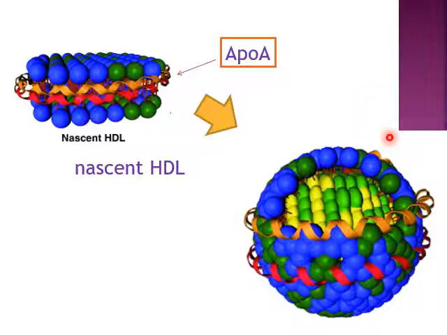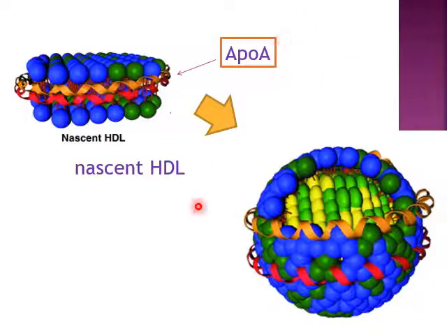As its name implies, it has the highest density among the other lipoproteins. It contains many proteins. HDL is rich in proteins, but the most important one and the most predominant one is ApoA. Again, we have different ApoA apolipoproteins.